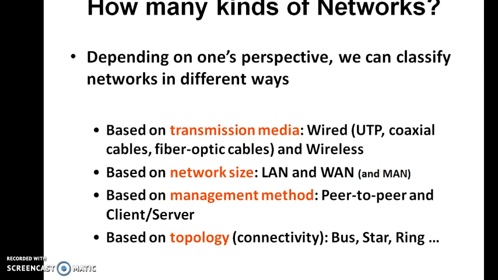Wired can be UTP, shielded pair cable, coaxial cable, fiber optic cable, and wireless, very common nowadays. Based on size: LAN, WAN, MAN. There are a few more, but we won't consider them. A broader classification is LAN, WAN, MAN. Based on the management method, it may be peer-to-peer or client-server.